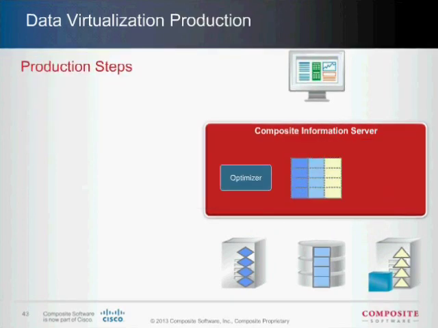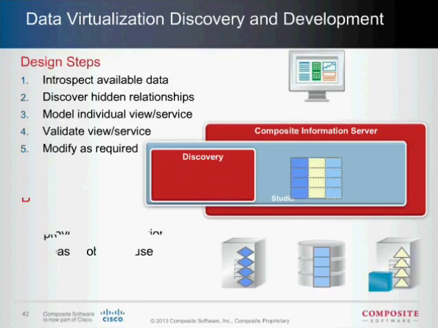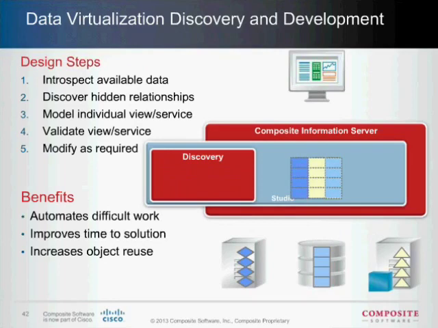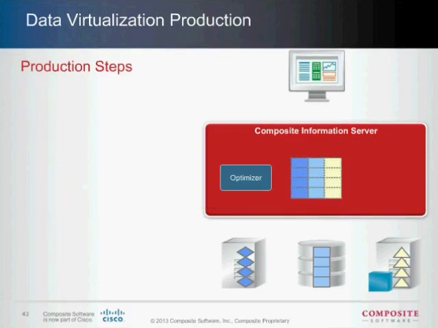And so as you go into production with this, the important part is that it performs well. A big part of the data virtualization platform is a very sophisticated runtime query optimizer that takes a request from the client, optimizes that request just like a database optimizes a request for bringing data from multiple tables.